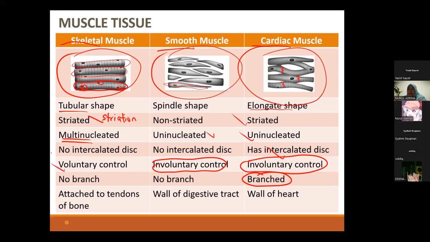And then in terms of location, skeletal muscle attaches to the tendons of bones, right? Smooth muscle can be found in the wall of the digestive tract, for example in the esophagus, and cardiac muscle can be found in the wall of the heart. Okay, so that is the summary of the three different muscle tissues.